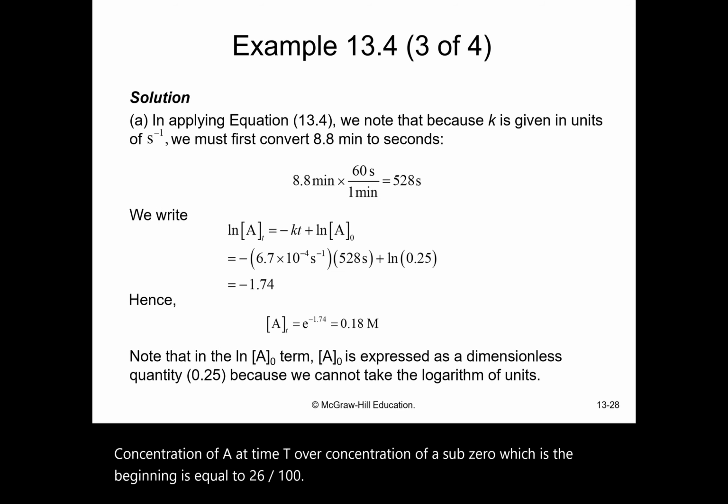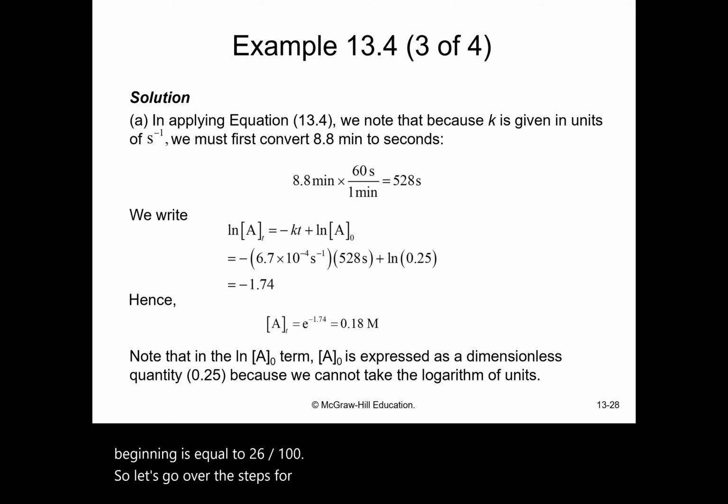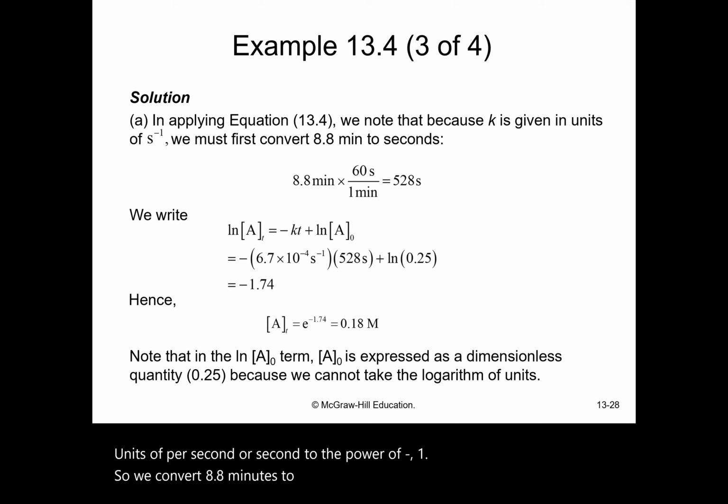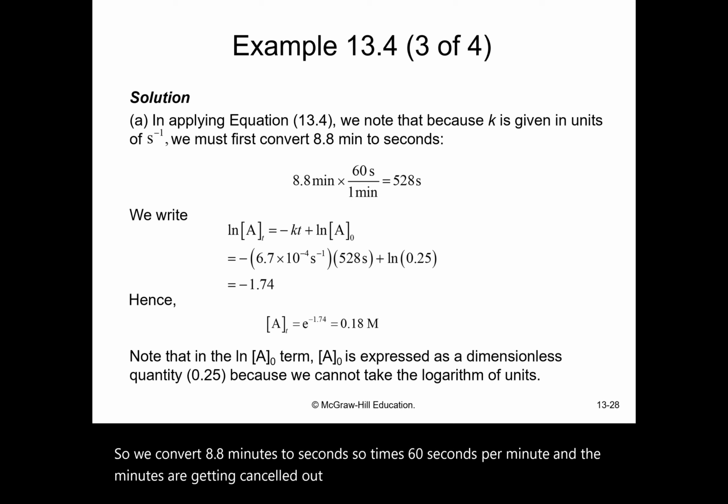So let's go over the steps for A. We need to convert minutes to seconds because our constant k has units of per second, or seconds to the power of negative 1. So we convert 8.8 minutes to seconds, times 60 seconds per minute. The minutes get cancelled out. 8.8 times 60 gives you 528 seconds.